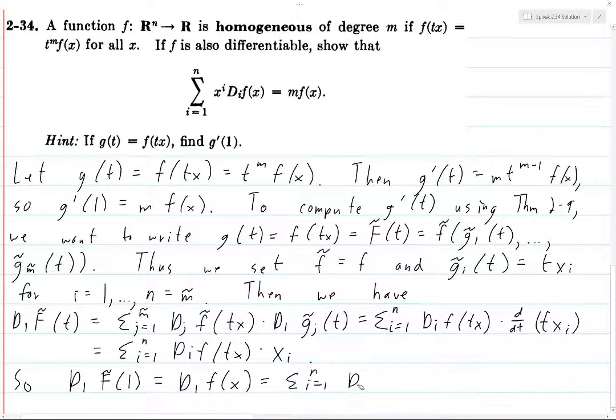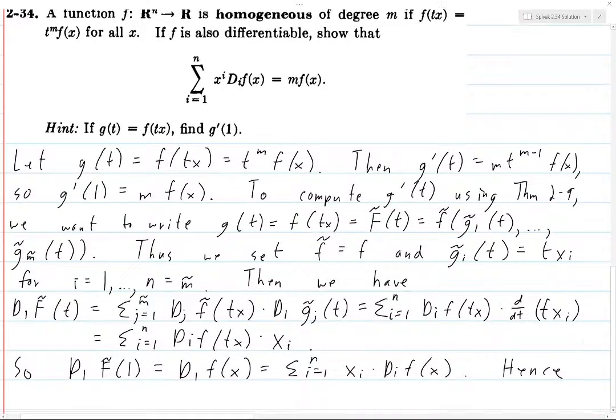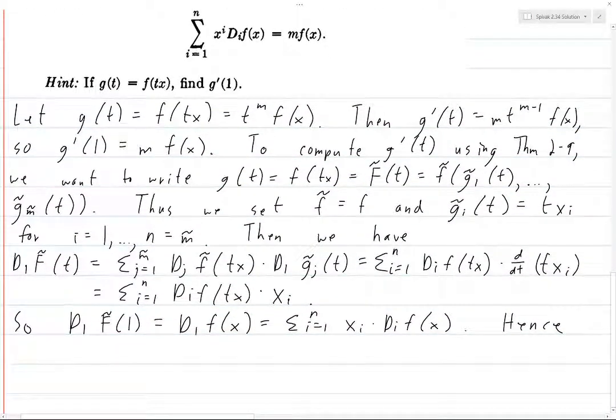Now we just have xi times di f, and now we just have x on the inside. Hence, if we look at this, we have the sum from i equals 1 to n of xi di f of x.